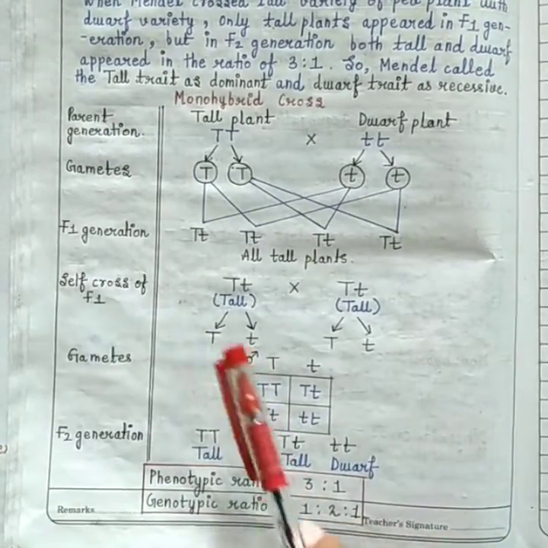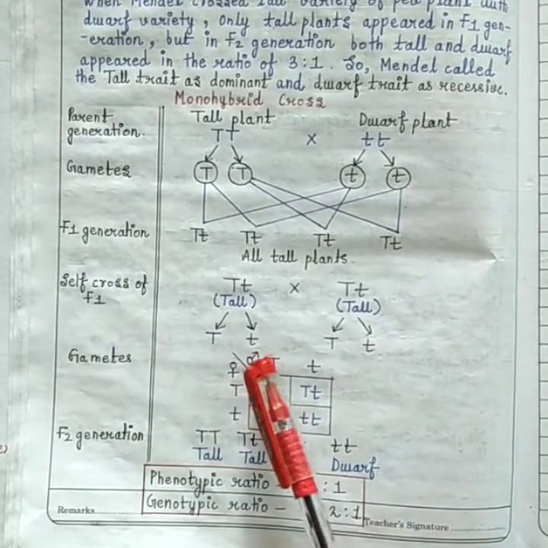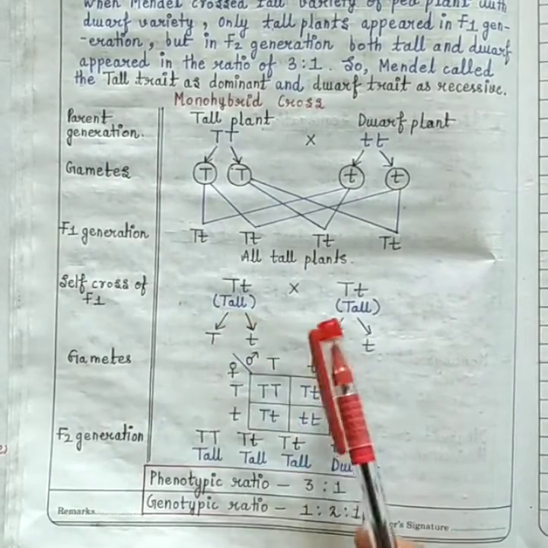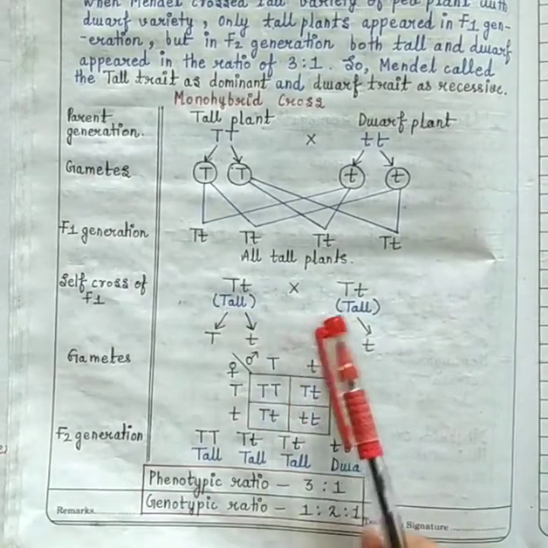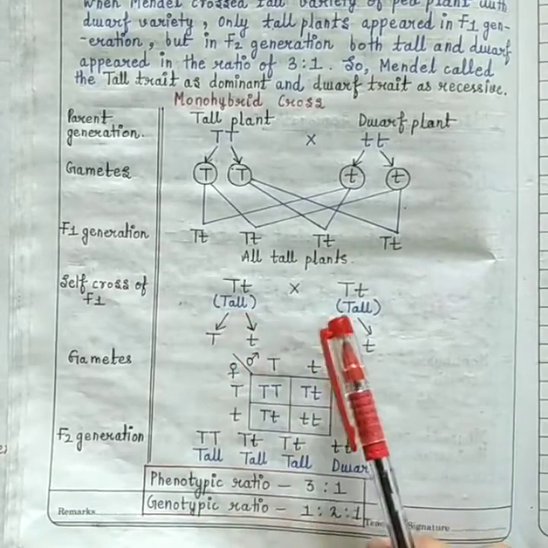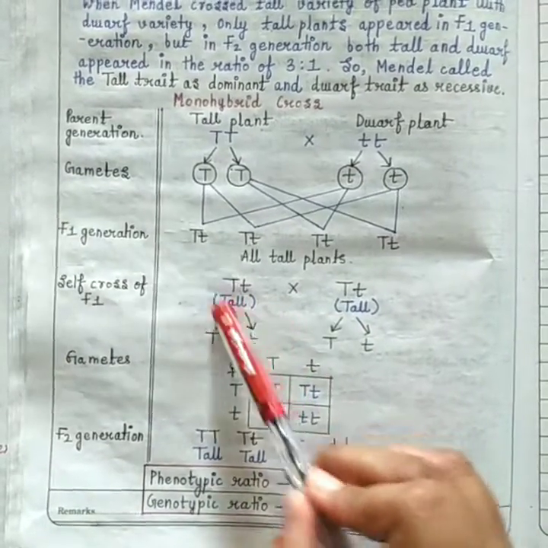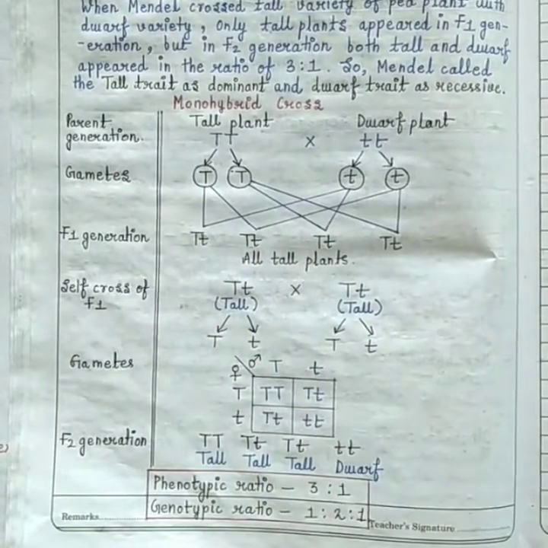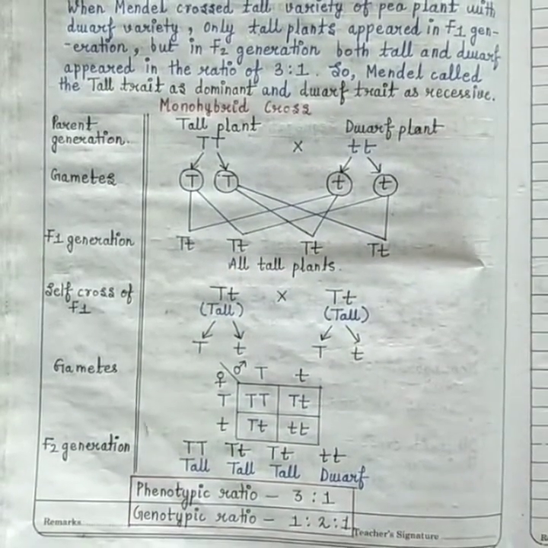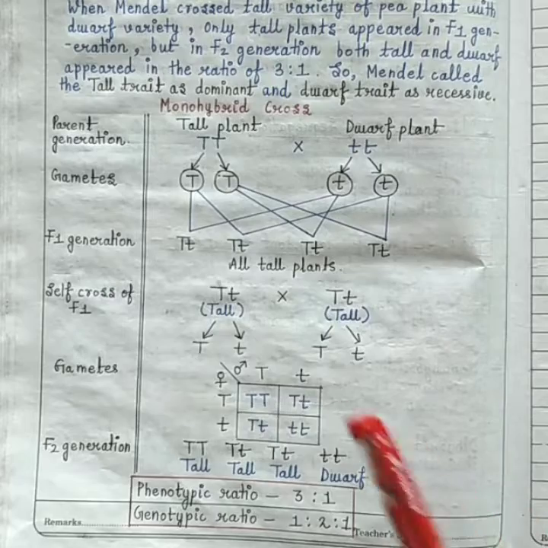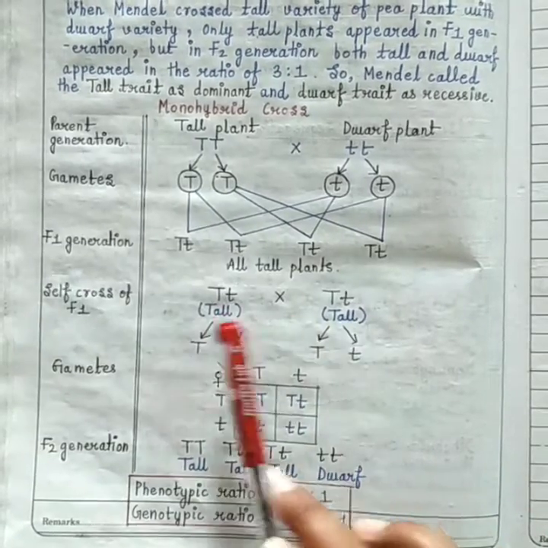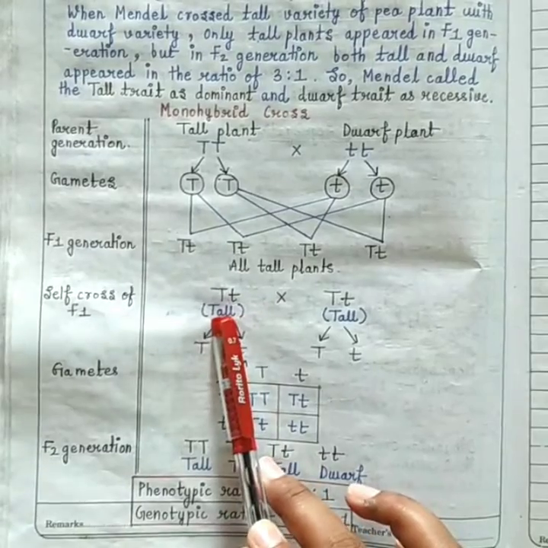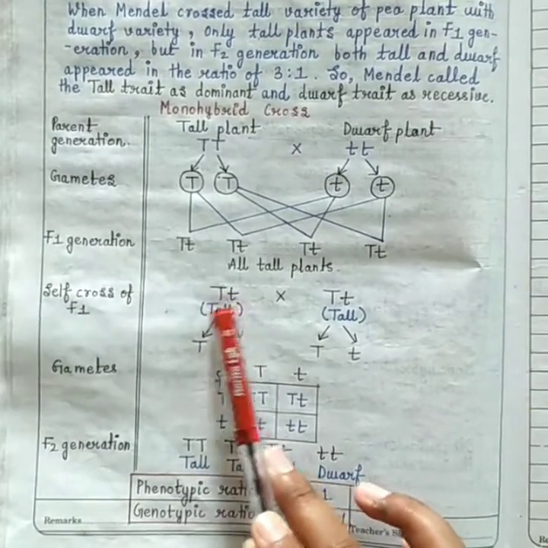Now what will happen? जब ये gamete formation हो रहा है, just look at it. Law of segregation stated that when two alleles are present in heterozygous condition, so they remain together. Law of segregation stated that when a pair of allele are present together in heterozygous condition, means capital T small t is present together.